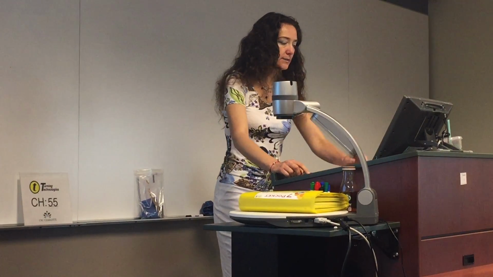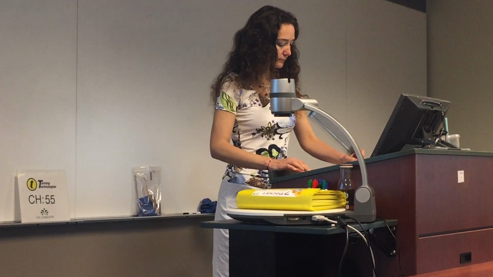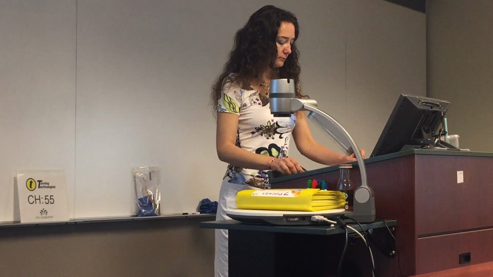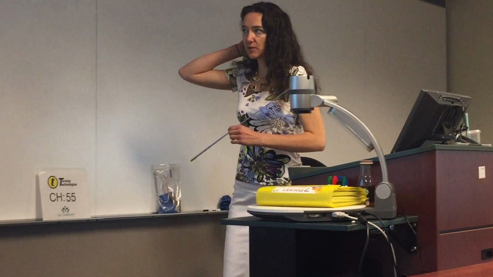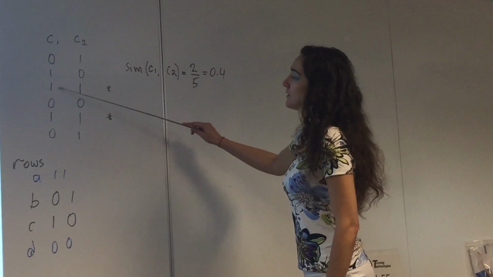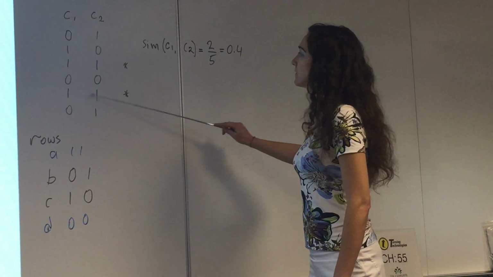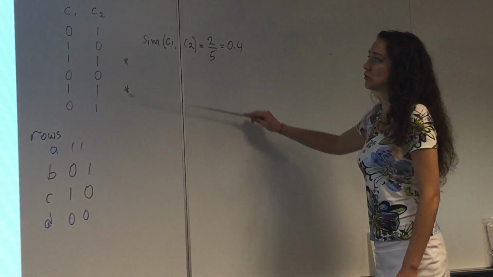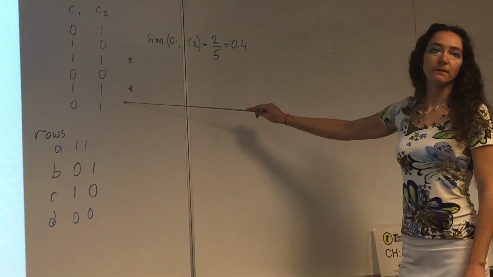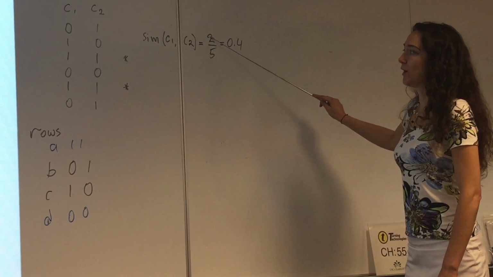Why is this the case? That's because here we were using the two 1s. When they both have a 1, we were using that to compute this formula. So 2 out of the 5 attributes both have a value of 1.